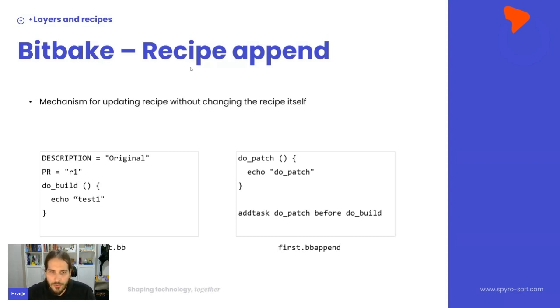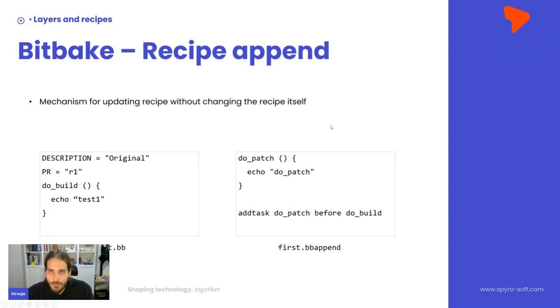But for now, how it works is that we have a recipe called first.bb with its own do_build task and description and variables, and then we have somewhere else a defined file first.bbappend with a new task called do_patch, and this task is added to be executed before do_build.